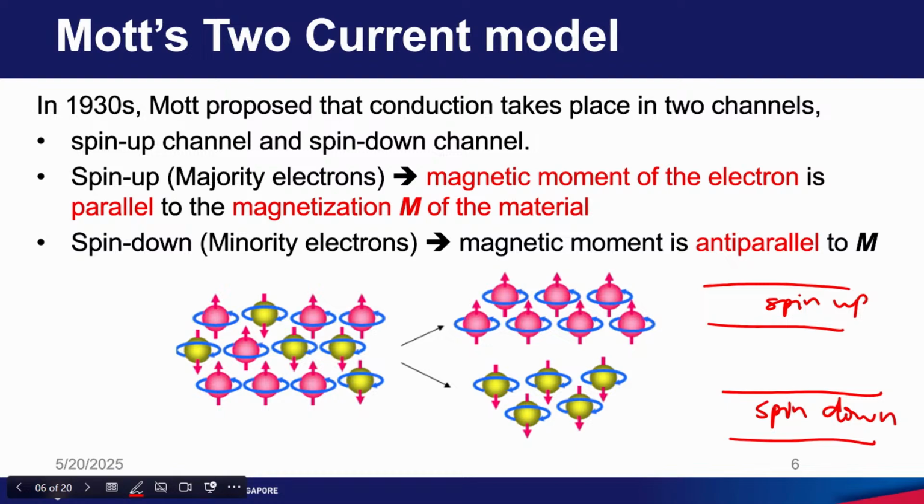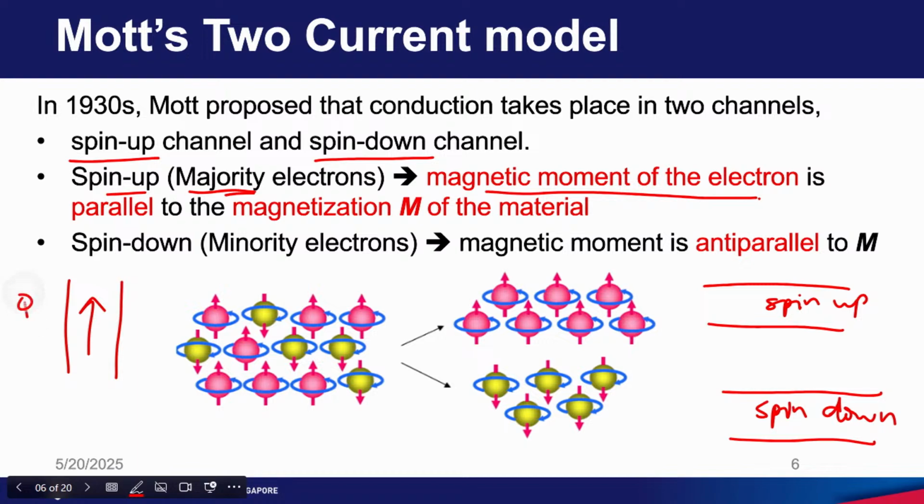So, anyway, a few days ago I also was saying these words, but I did not tell you the definition. So, when we say spin up or majority electrons, what we mean is that the magnetic moment of the electrons is parallel to the magnetization of the material. So, for example, you have a layer with a magnetization along this direction, and let us say you send current into this layer.